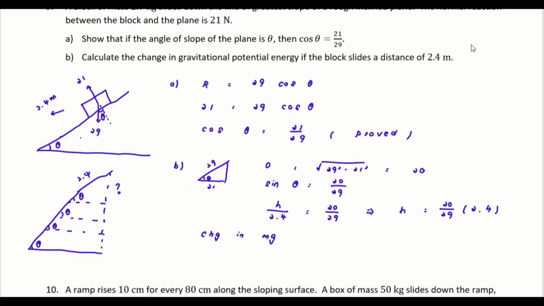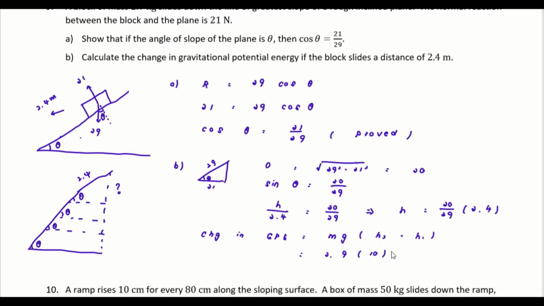So the change in GPE will be equal to mg times the final minus the initial, h2 minus h1. You know that it slides down, which means it's going to be a loss. So the mass here is 22.9, gravitational acceleration 10.